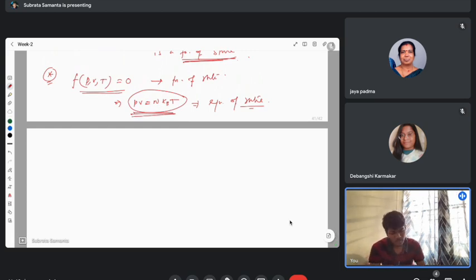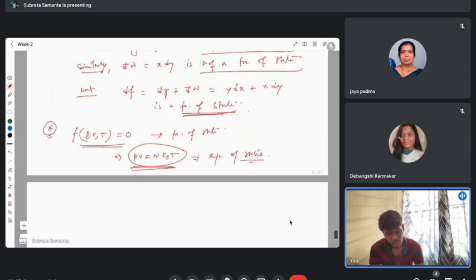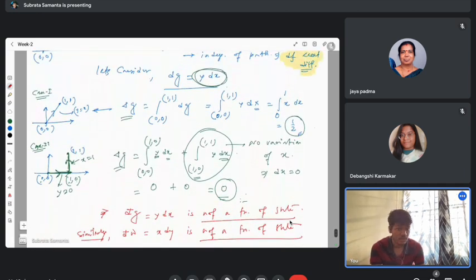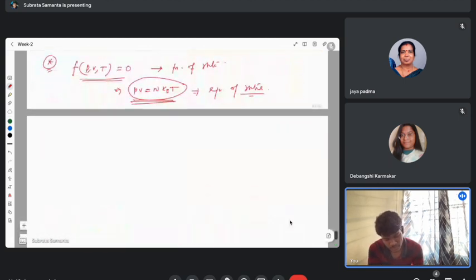Okay, so this is the workout example that we did previously. This is closely connected to the first law of thermodynamics.